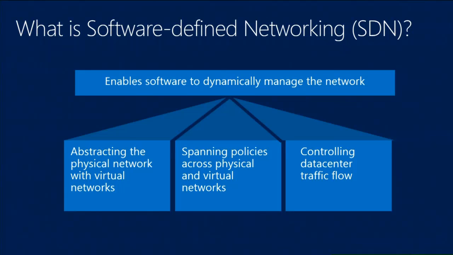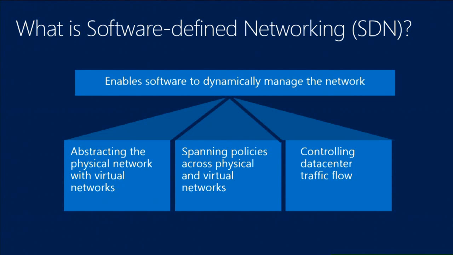So that's how we look at the value proposition of software-defined networking, that you're using software, because software fundamentally is a lot more dynamic and flexible than hardware is. So you're using software to dynamically manage the network, and the network is flexible enough to respond to your business needs.